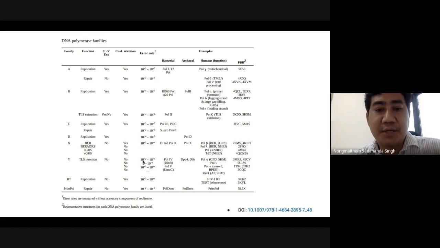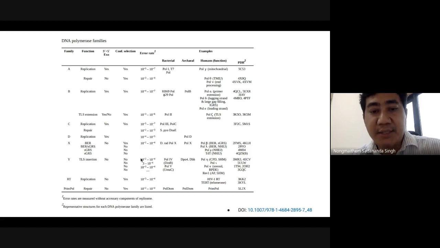And what you can see is that the error rate is 1 in 100 to 1 in 10,000. Unlike DNA polymerase 3, which is the DNA replication polymerase, which gives an error rate of 1 in 1 lakh to 1 in 1 crore, or 10 to 10 million bases.